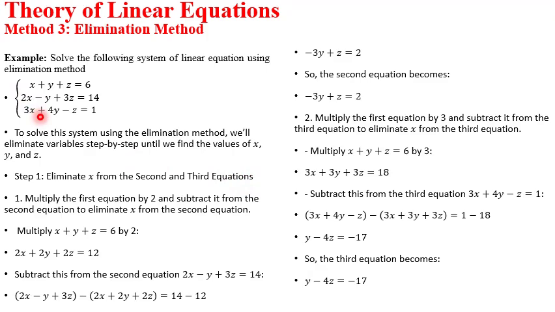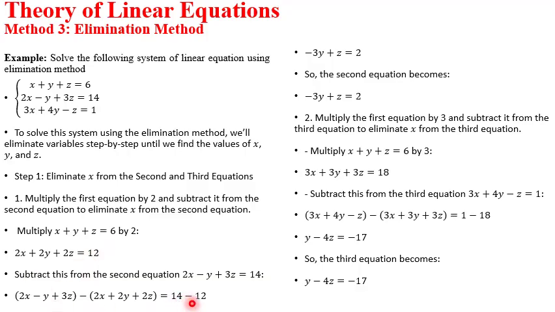So in order to eliminate x from this and this, we need to multiply the first equation by 2. So when we multiply the first equation by 2, we get this. So we then subtract the next equation from that.